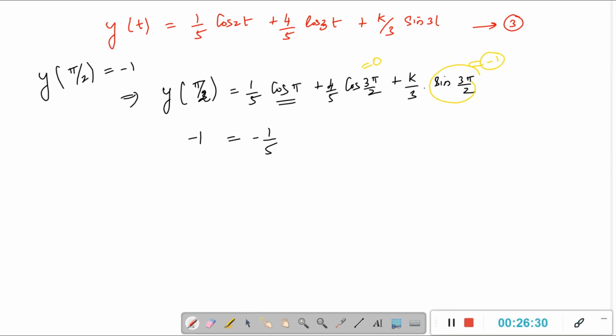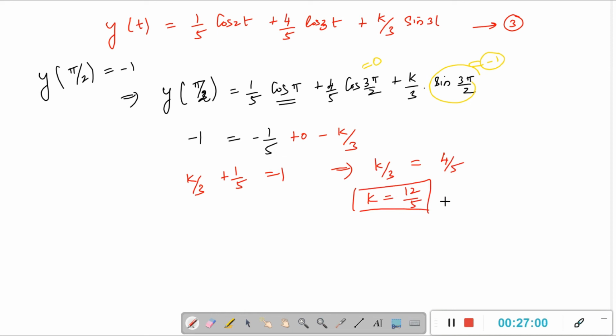So this term is going to be 0, but this value is going to be minus 1. So you may get 0 minus k by 3. If you equate, you may get k by 3 plus 1 by 5 equal to 1. K by 3 equal to, if you subtract, you may get 4 by 5. So k equal to 12 by 5.